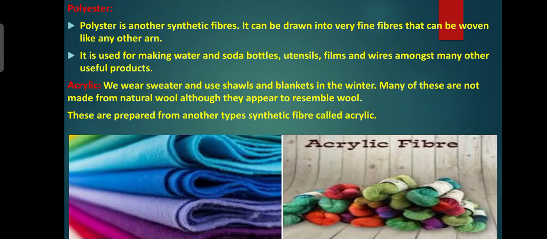material. We wear sweaters and use shawls or blankets in the winter. Many of these are not made from natural wool, although they appear to resemble wool. These are prepared from another type of synthetic fiber called acrylic.